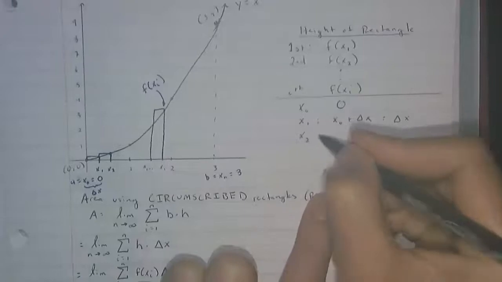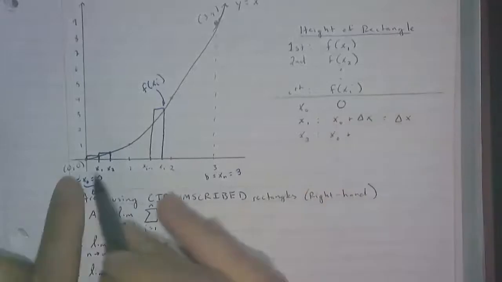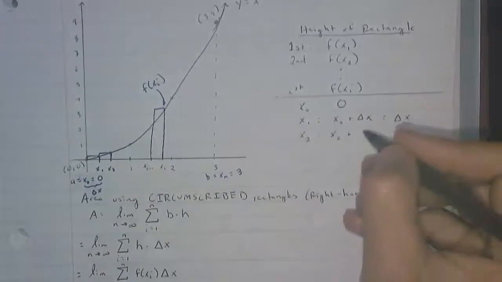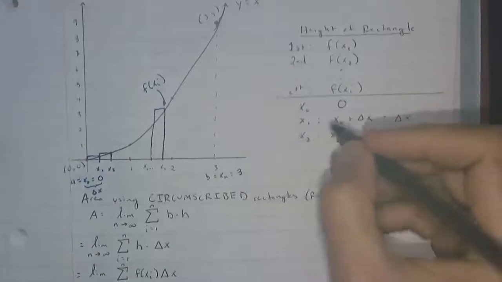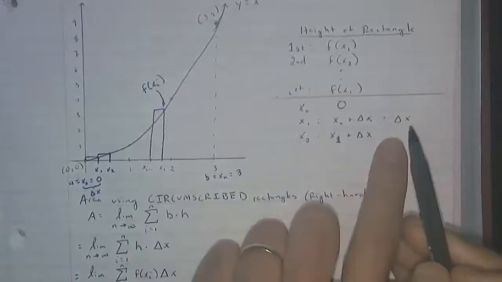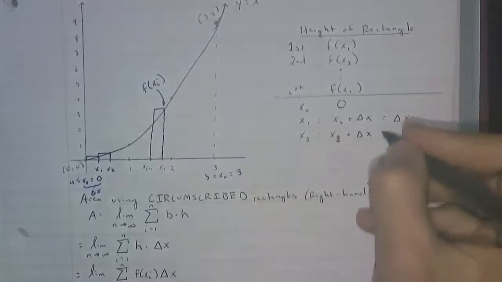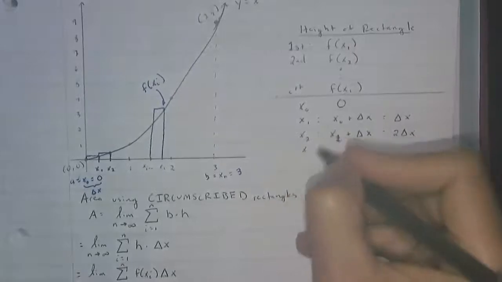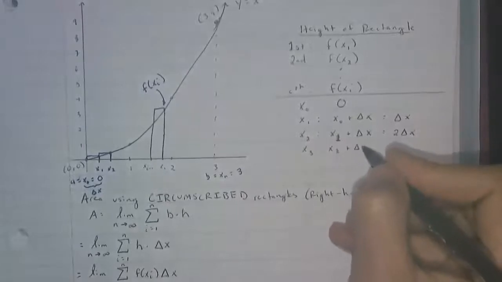x sub 2 is x naught plus 2 delta x's. Or if you want, let's actually do it this way. x sub 2 is x sub 1, and then we just move over another delta x. Well, x sub 1 was a delta x, so x sub 2 is 2 delta x's. x sub 3, you start at x sub 2 and go over delta x.